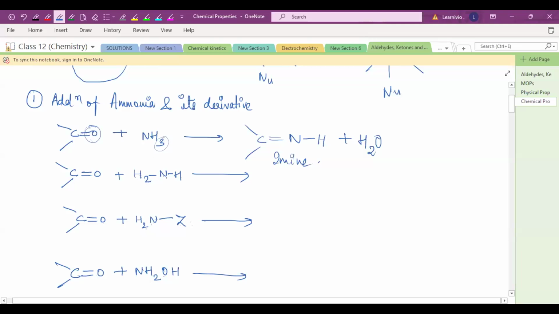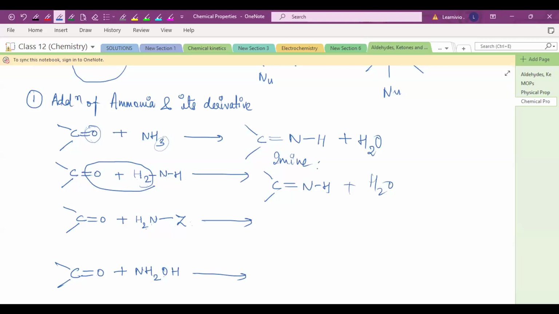This ammonia is again NH3, with three hydrogens attached to the nitrogen. You remove the two hydrogens plus oxygen as water, and this NH will get attached to the carbon by a double bond. So basically you prepare the imine, carbon double bond nitrogen. This is your imine. Clear, Muniba?